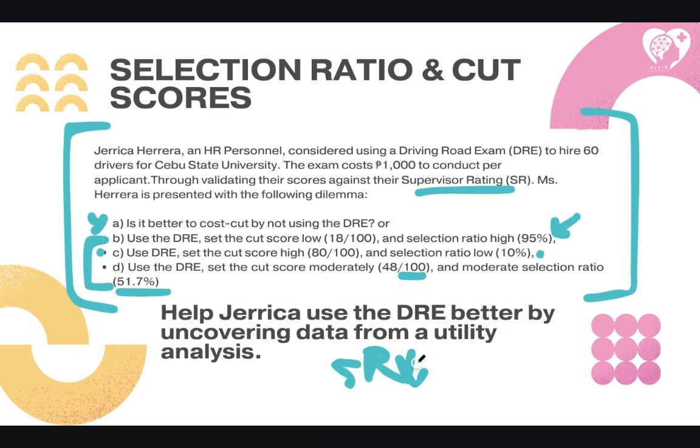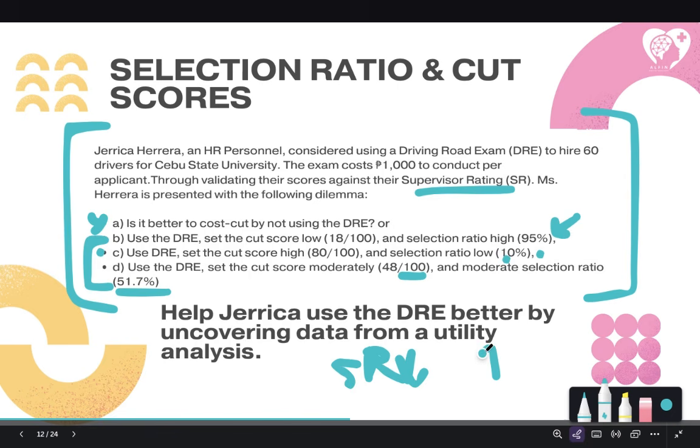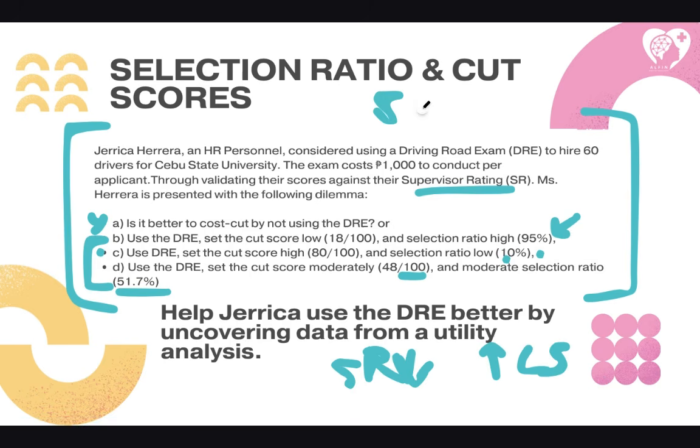That only means that since the selection ratio is low, as in option C, our cut score is high. So if our cut score is high, our selection ratio is down, meaning only a few will be interviewed and only a few will be let into the job. Next, if our selection ratio is high, that means our cut score is low.